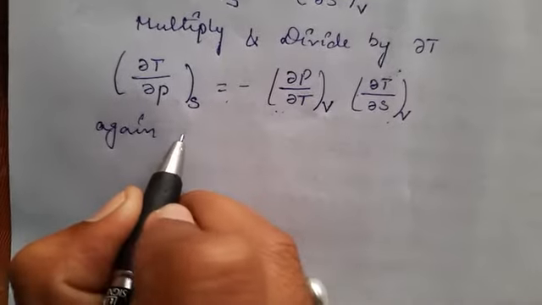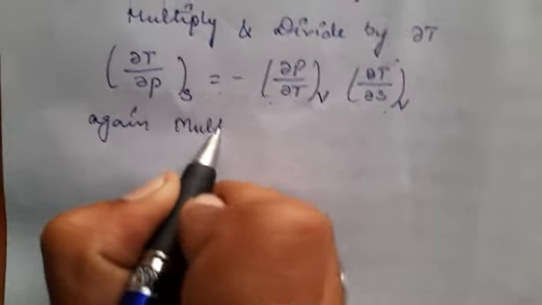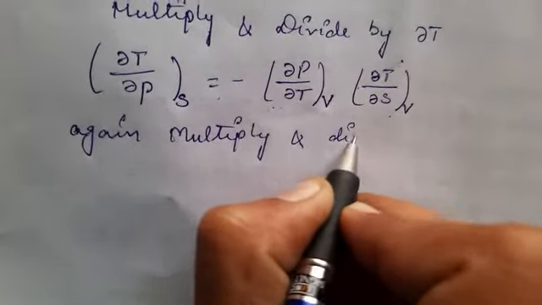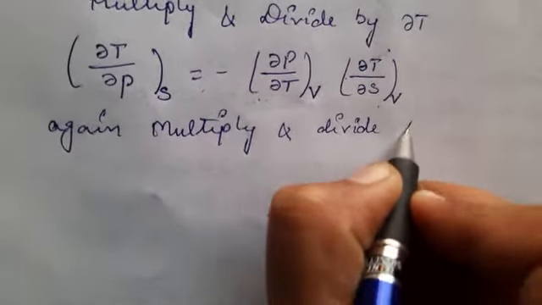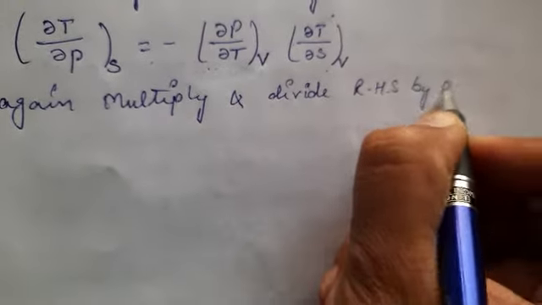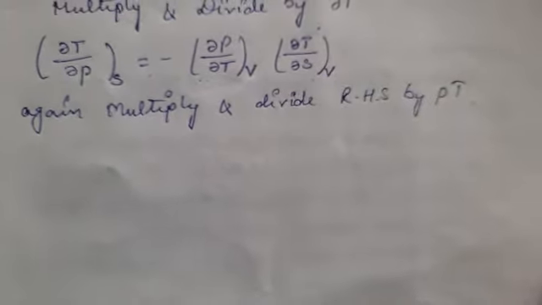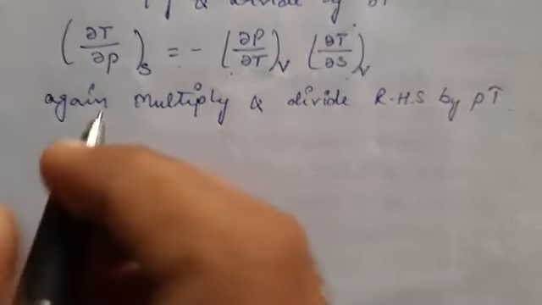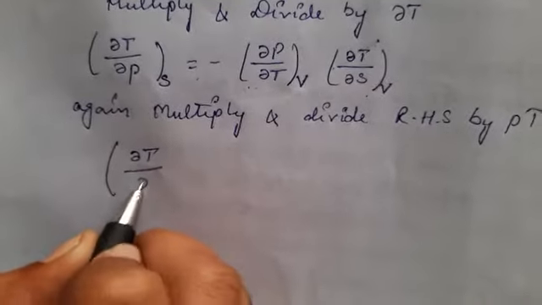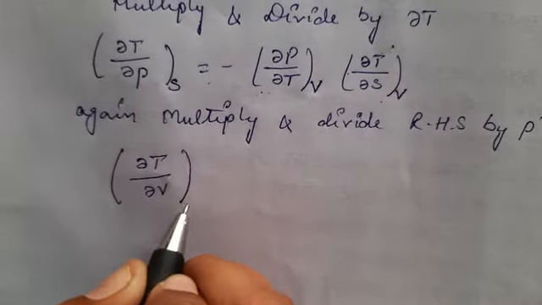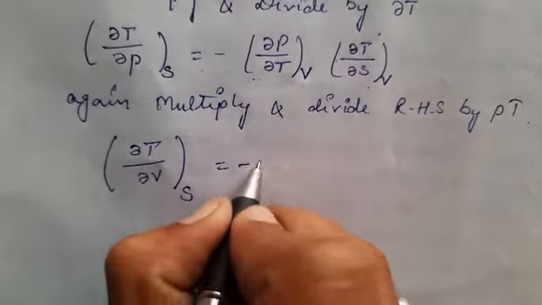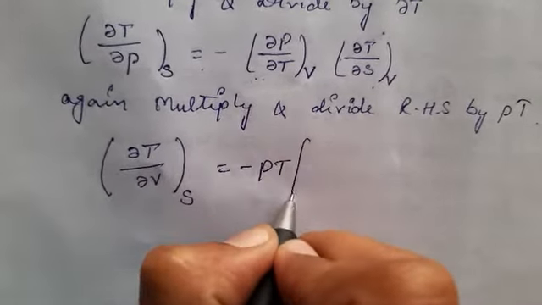For that we again multiply and divide the right hand side by pressure and temperature. So when we multiply by this factor, on the right hand side we have ∂T/∂V at constant entropy, minus of PT.